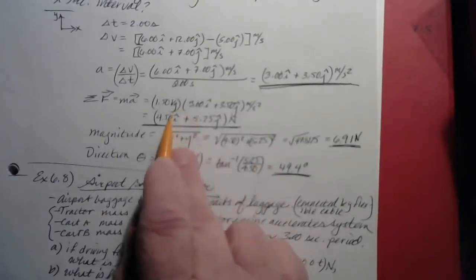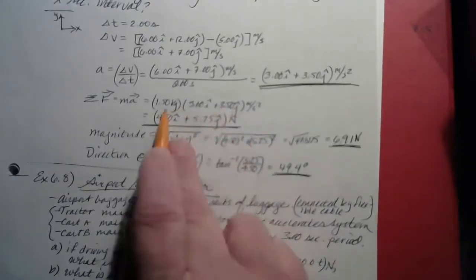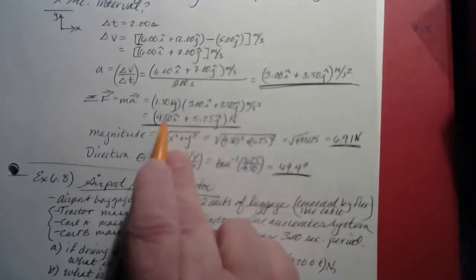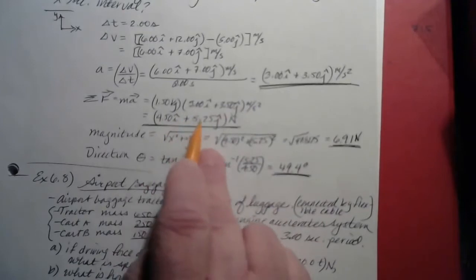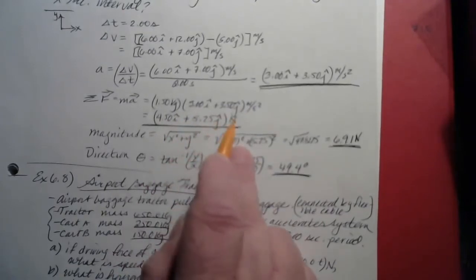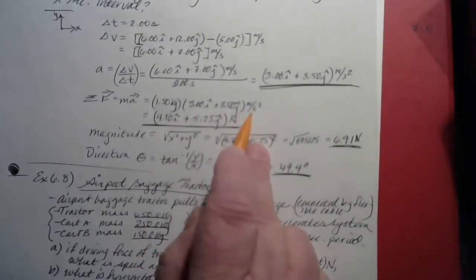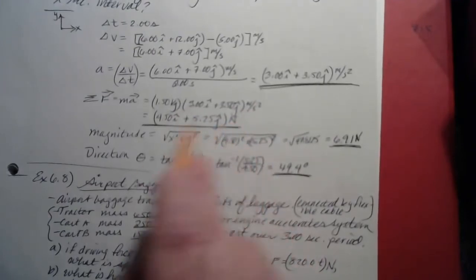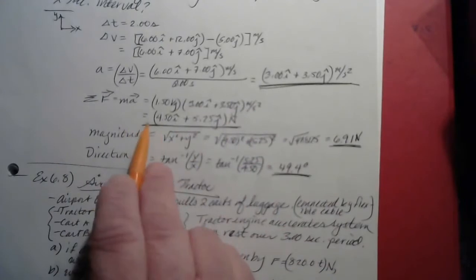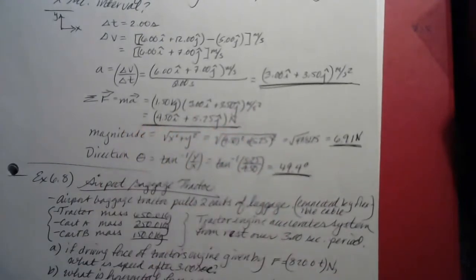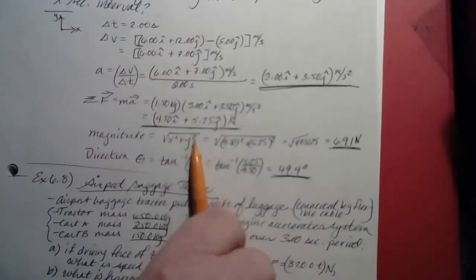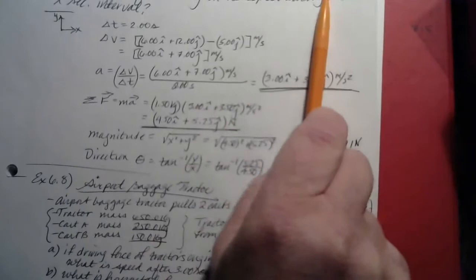So you multiply each of the coefficients by 1.5 and add the kilograms to the units. So we end up with 4.5i plus 5.25j kilogram meters per second squared, or in other words, newtons. So that's the equation for the net force on the helicopter.